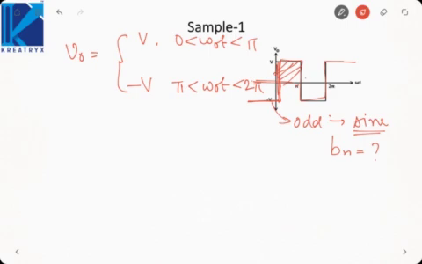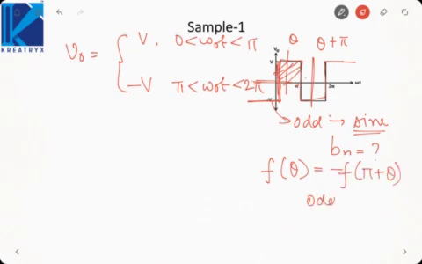Now if you take an angle theta, the value at it is V. If you take the value at pi plus theta, the value is minus V. So f of theta is equal to minus f of pi plus theta. Hence it is half wave symmetric, so only odd harmonics will exist. So it will have sine terms with only odd harmonics.